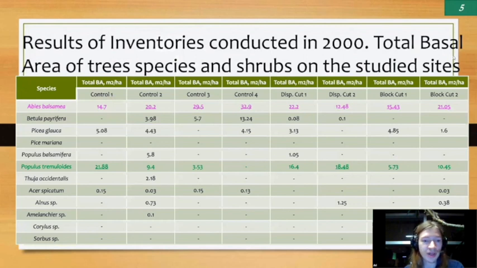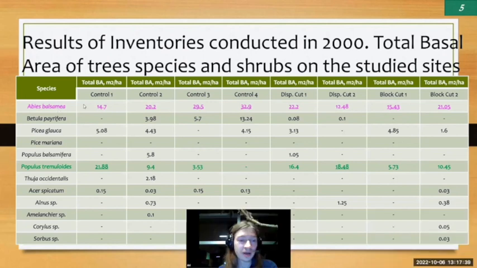Here I present the results of inventory of which experimental units. As you can see, two species of interest are highlighted here. Balsam poplar is pink and green is trembling aspen. You can see that they are basically strongly dominated by these two species, in all control plots and cuttings.